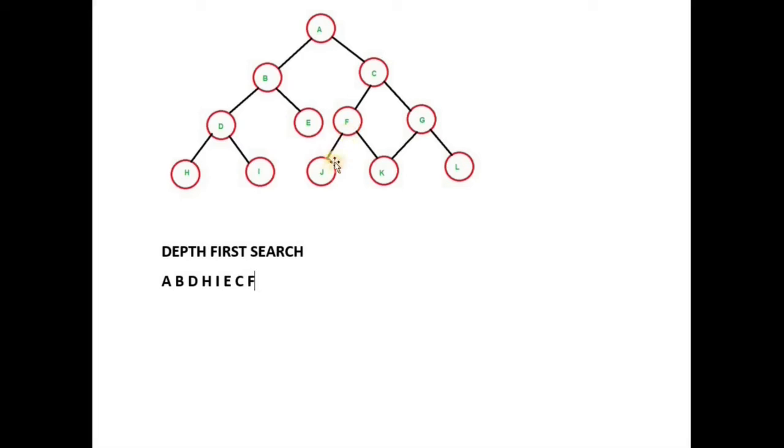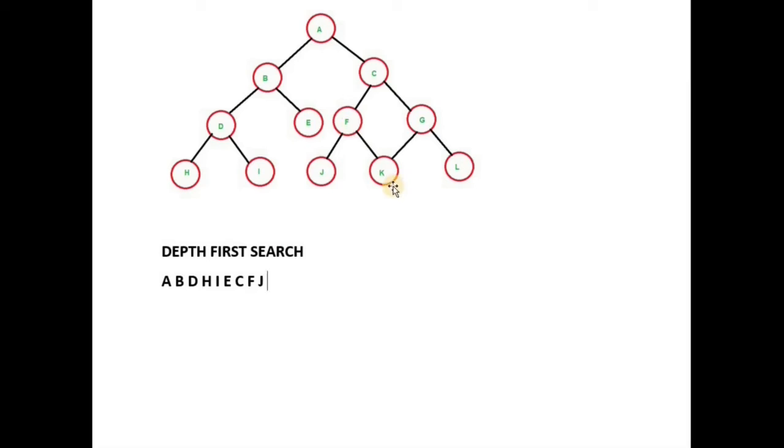Then from F, which nodes can I visit? J and K. So I will go to J. I cannot go anywhere from J, so I will go back to F. Then from F, which node can I visit?